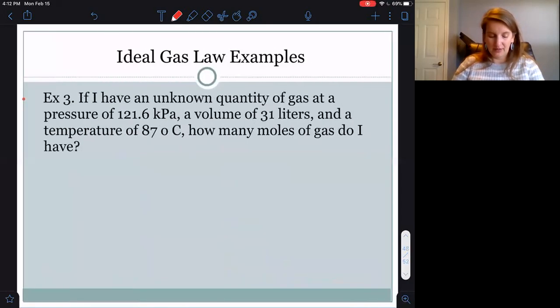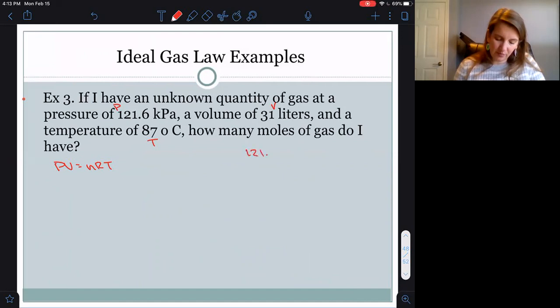All right. Next example. If I have an unknown quantity of a gas at a volume of 31 liters and a temperature of 87 degrees Celsius, how many moles of gas do I have? So again, we only have one of each value, so we're going to use PV equals nRT. But my pressure is in kilopascals. I need to get it into atmospheres.